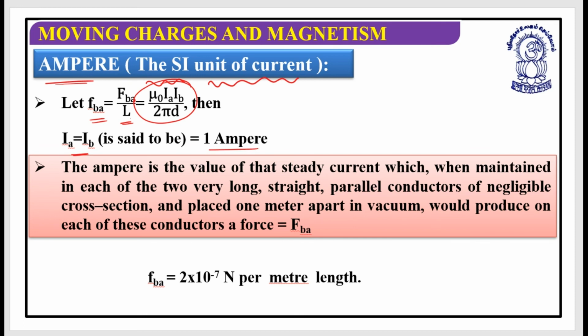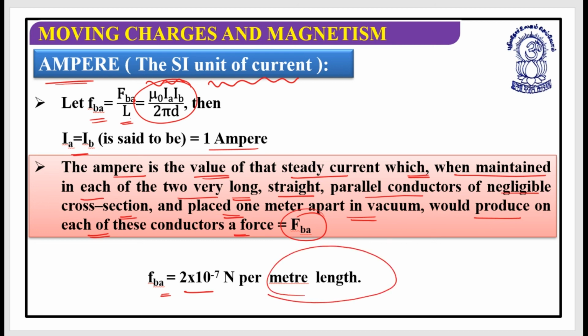So we can say that the ampere is the value of that steady current which, when maintained in each of the two very long, straight and parallel conductors of negligible cross section, placed 1 meter apart in vacuum, would produce in each of these conductors a force of 2 into 10 to the power minus 7 Newton per meter, because this is force per unit length.